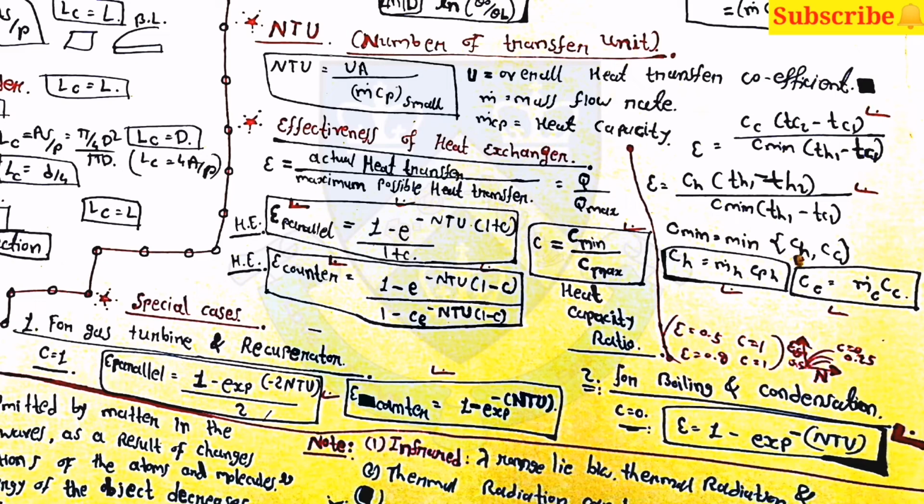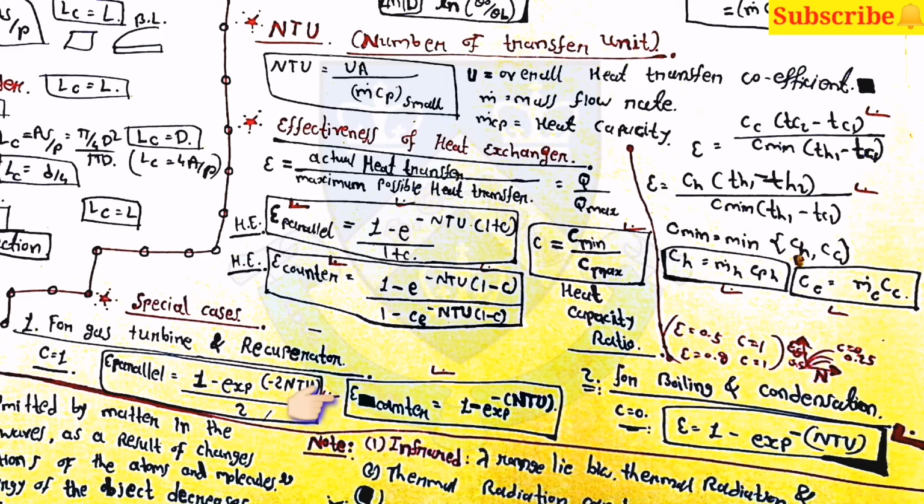Then after, two special cases are there. First one is for gas turbine and recuperator. The equations of epsilon parallel and counter are given there. The equation of epsilon parallel is equal to 1 minus exponential of minus 2 into NTU, divided by 2.